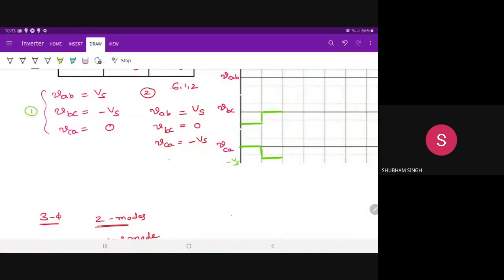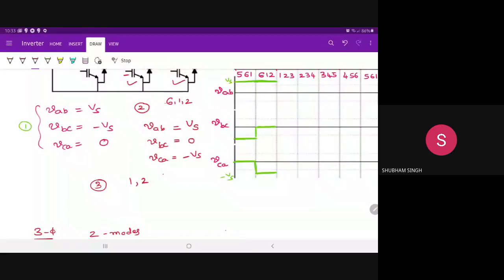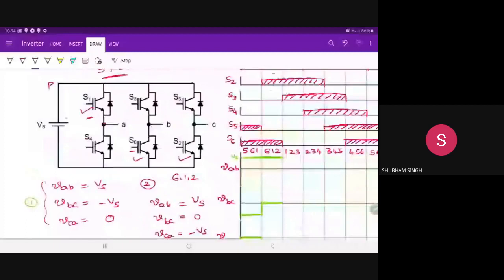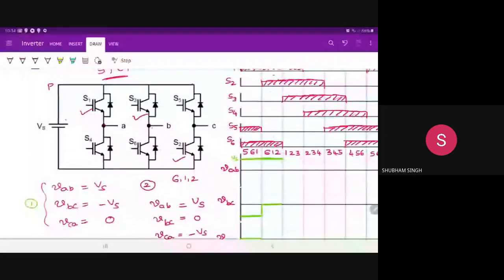In the third case, devices 1, 2, and 3 are in conduction. Now VBC and VCA: this 2 is conducting, and now this 3 is conducting, right? So what is VAB? 0.